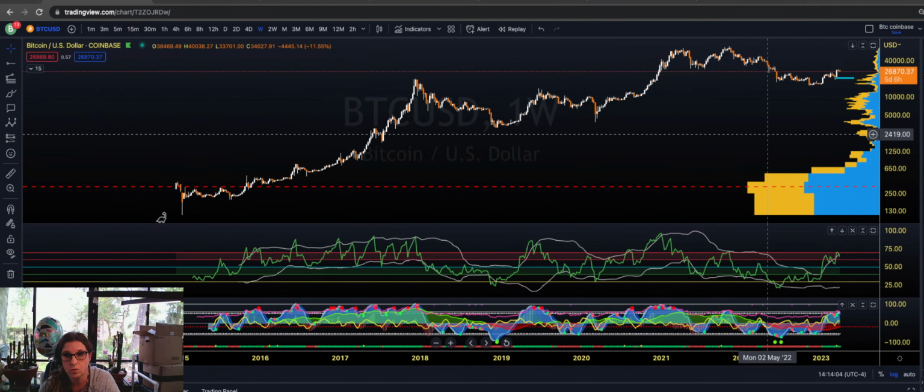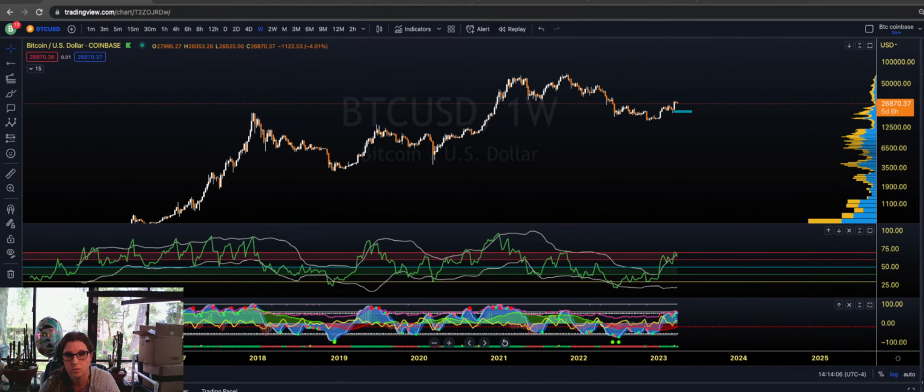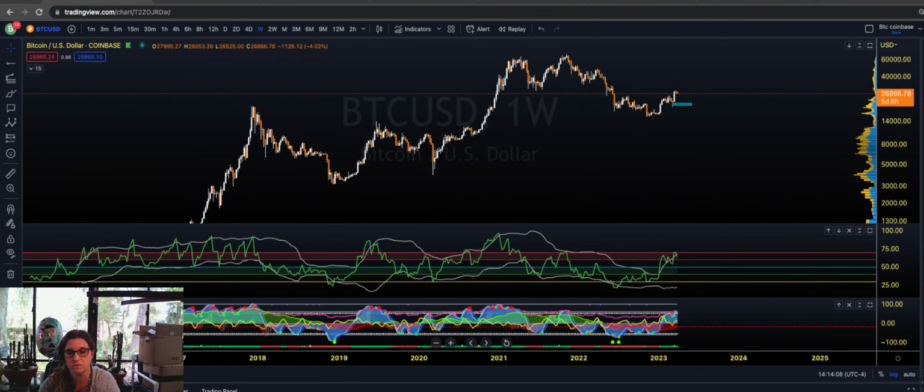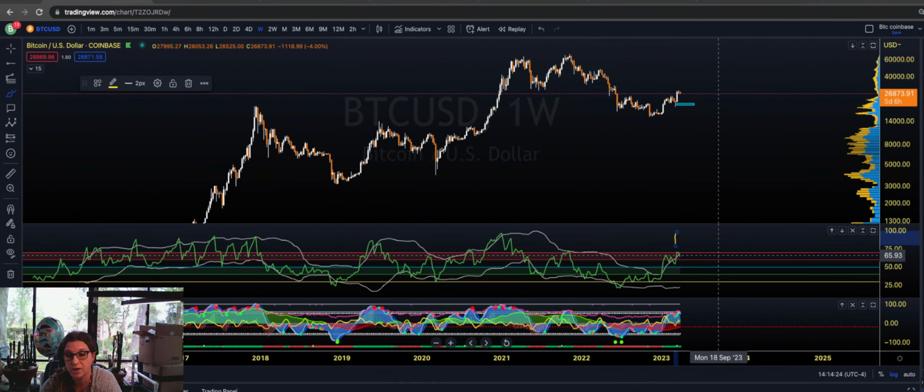All right. So where we're at right now, we are asking ourselves, is it possible that we are going back on a bull run? Well, we don't even at this moment have signal number 1 on a weekly time frame because it has not pushed up above 70 yet. Okay.